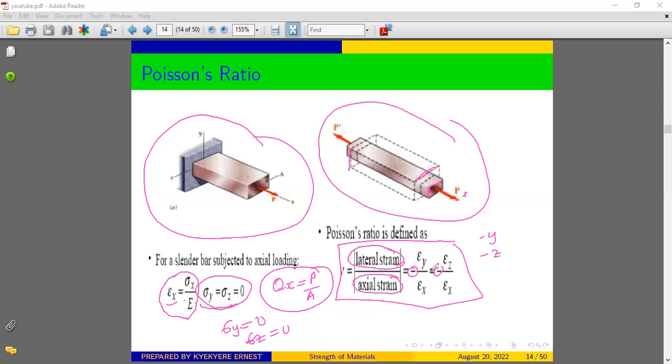So it therefore means that the Poisson's ratio is just the lateral strain over the axial strain, which means the contraction in one axis compared to the elongation in the other axis, which is loaded. And that is what we mean by the Poisson's ratio.